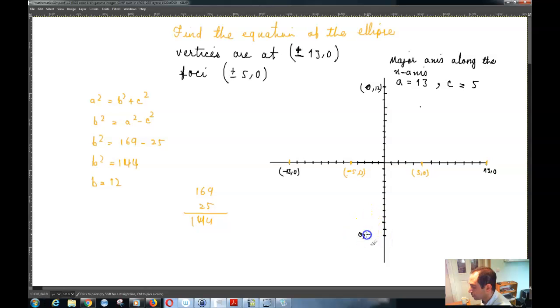That's 0, negative 12. And so your ellipse is going to be this thing over here.